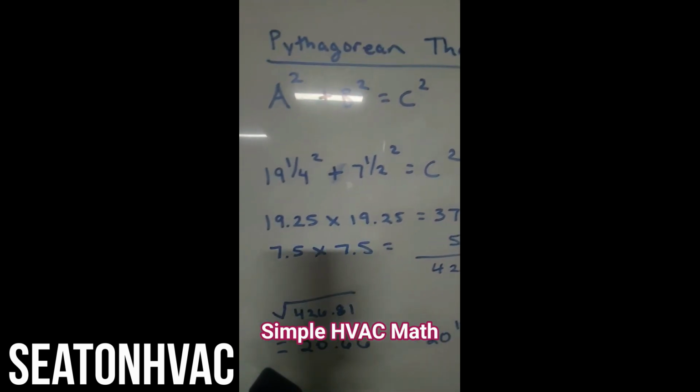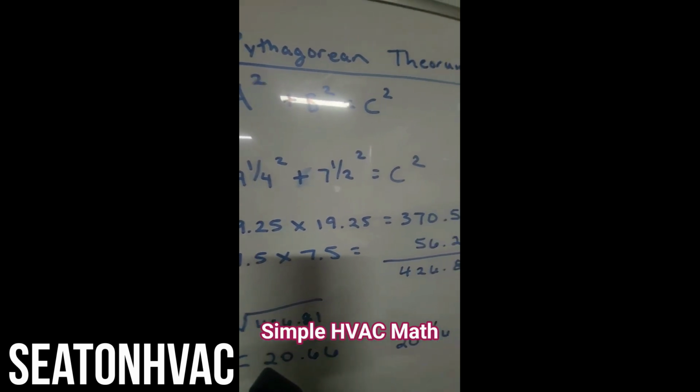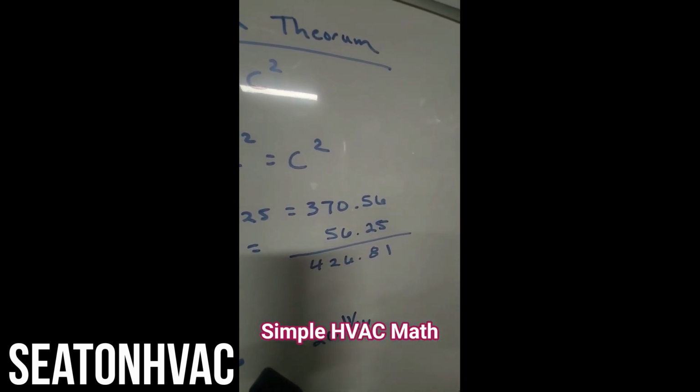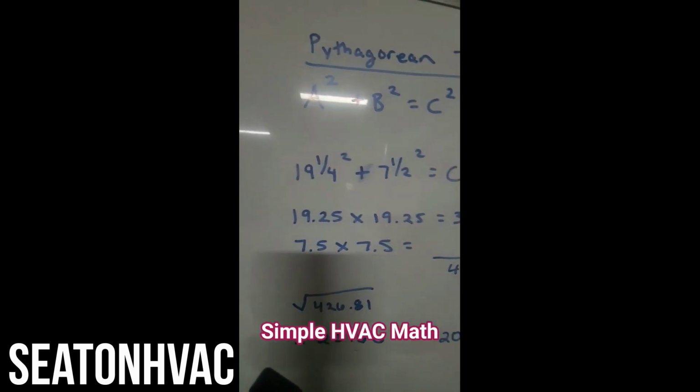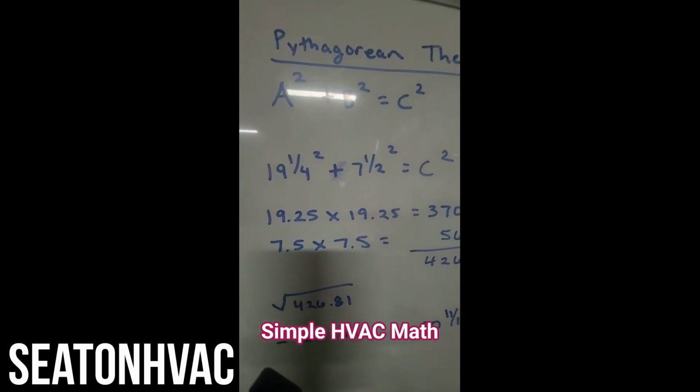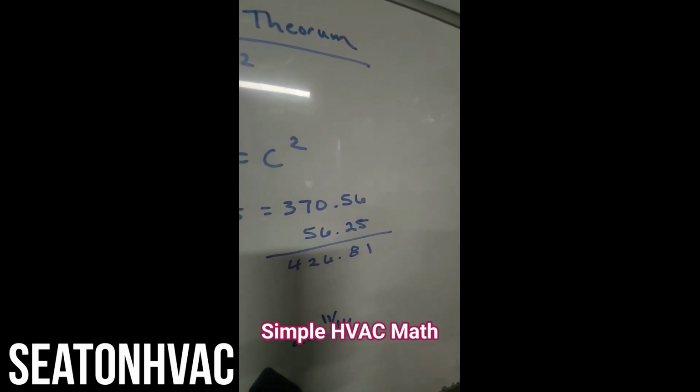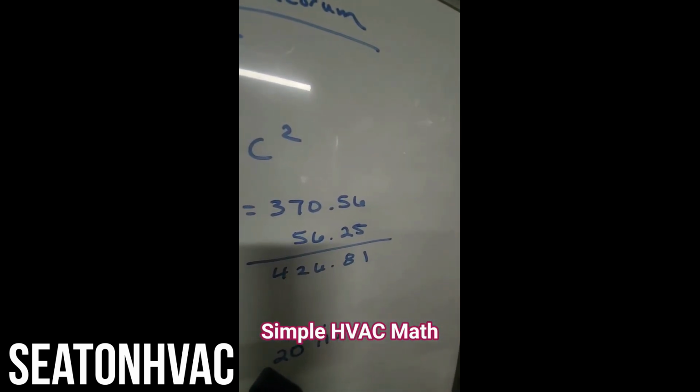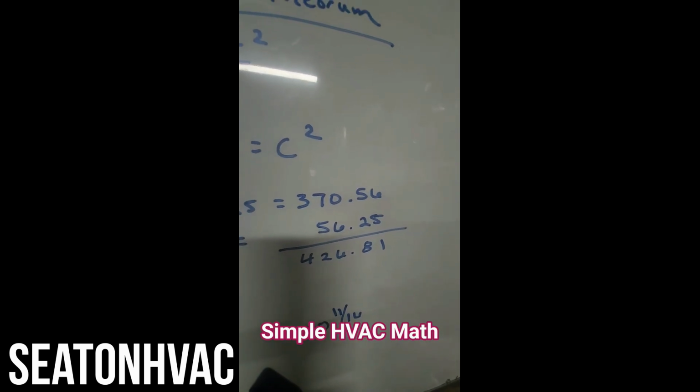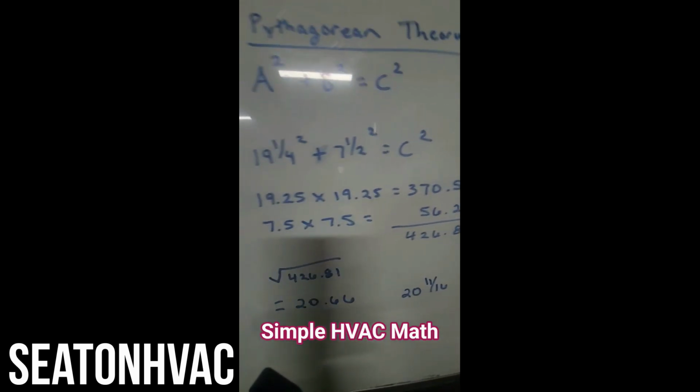equals c squared. That would convert to 19.25 times 19.25 equals 370.56. 7.5 times 7.5 equals 56.25. Add those two together, you get 426.81.